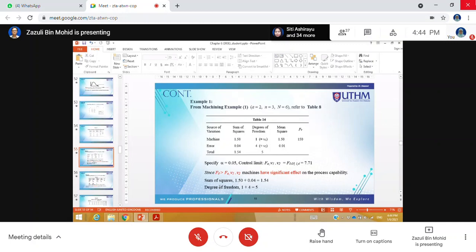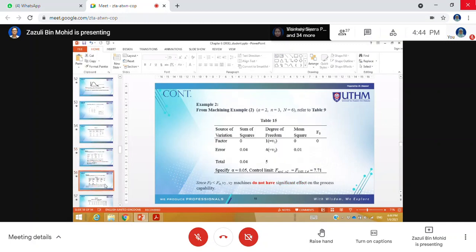So the next is when we have a result like this, whereby the F0 is 0, and we look on the F 0.05, 1, 4 is equal to 7.71.